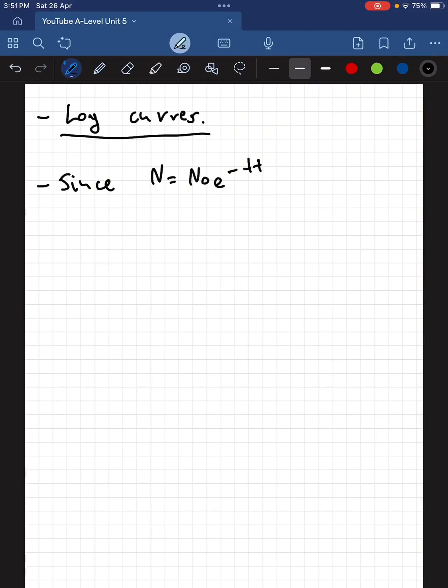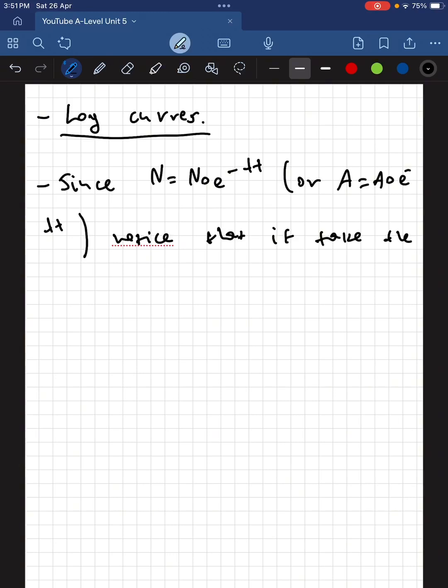A few more things are left to be discussed. Let's talk about log curves. Since N is N naught e to the minus lambda t, and the same goes for A equals A naught e to the minus lambda t, notice that if we take the ln of both sides, we get ln of N equals ln of N naught minus lambda t.